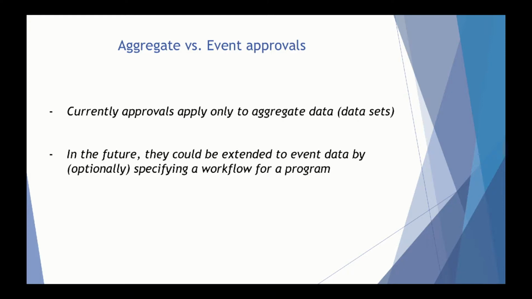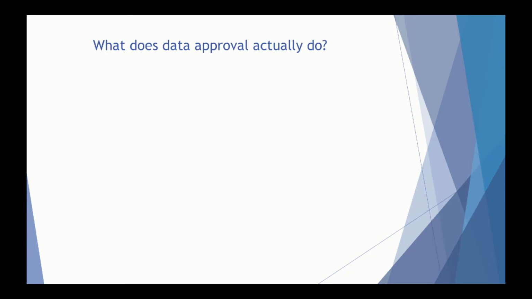But the idea is that it would restrict the event date of an event, so if it's within the period specified by the approval, then it would be approved. But it's not there yet. And one of the benefits of moving to workflow instead of data set is that now you could associate, in theory, a program with a workflow. It could be the same workflow that also approves aggregate data, or it could be a different workflow. That's your choice in the implementation.